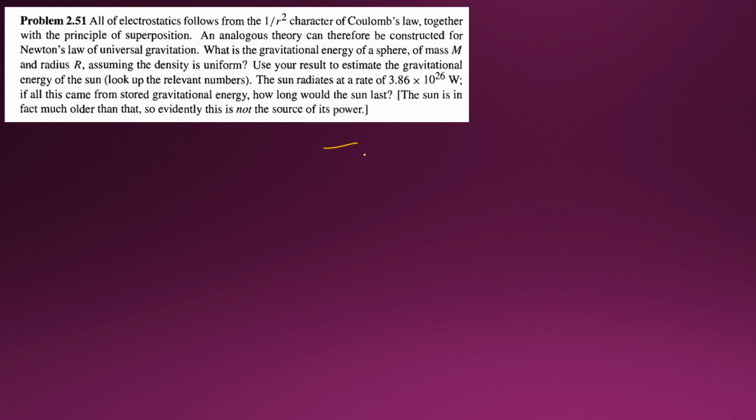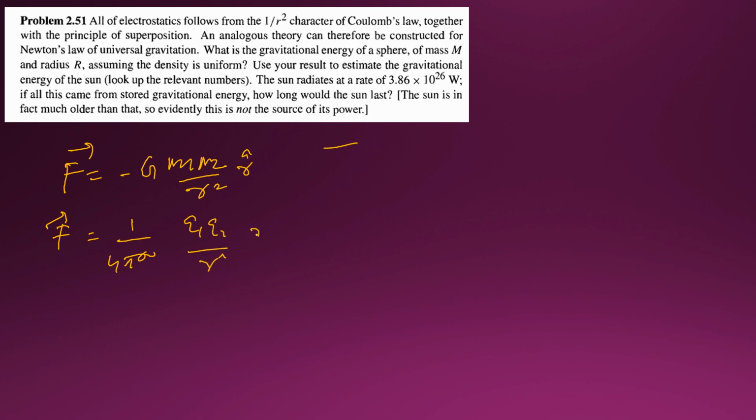So see, what is gravitation? G m1 m2 by r square. This is gravitational force. What is Coulomb force? 1 by 4 pi epsilon naught q1 q2 by r square r cap.